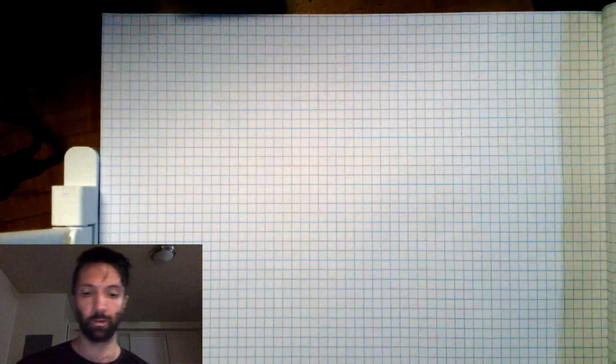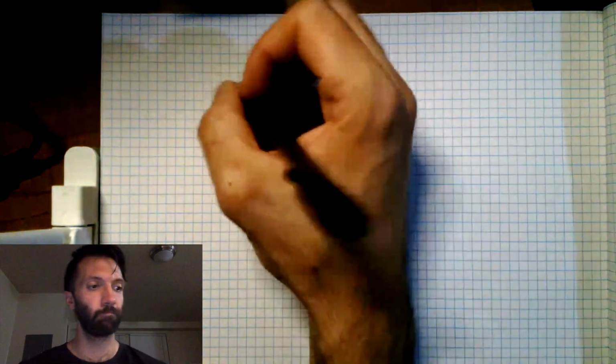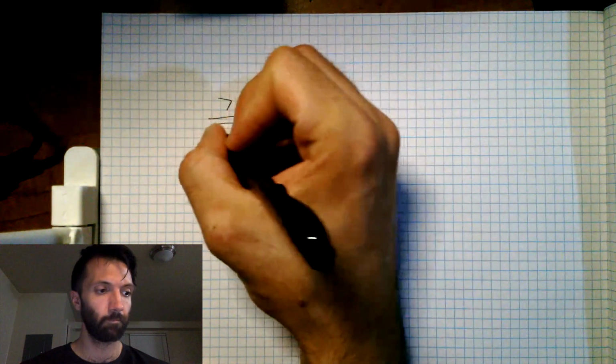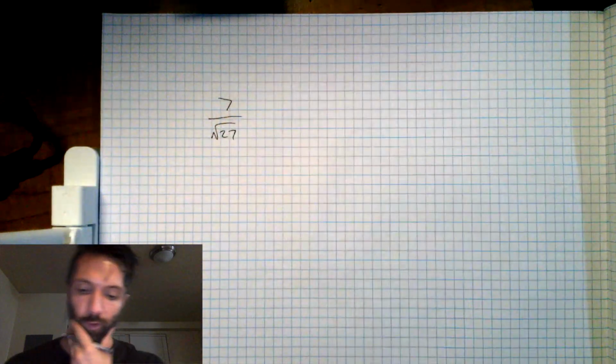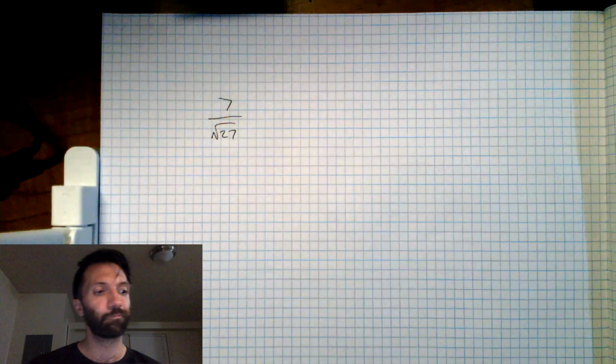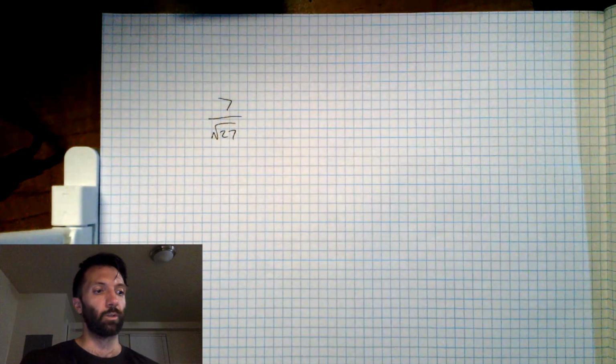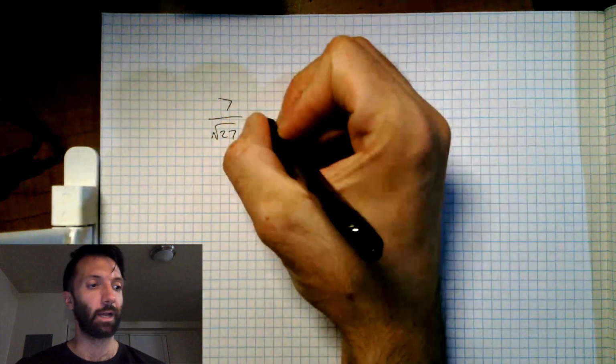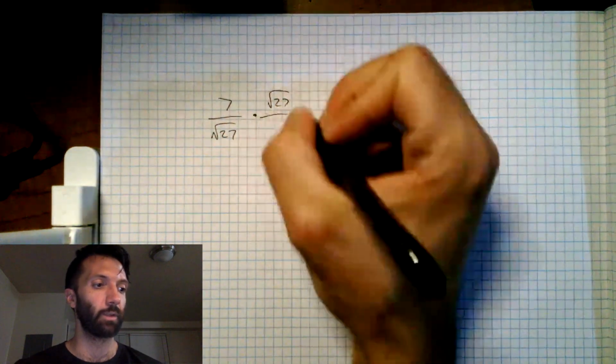Okay, we'll do one more. 7 over the square root of 27. So to rationalize the denominator here, I will multiply the numerator and denominator by root 27.